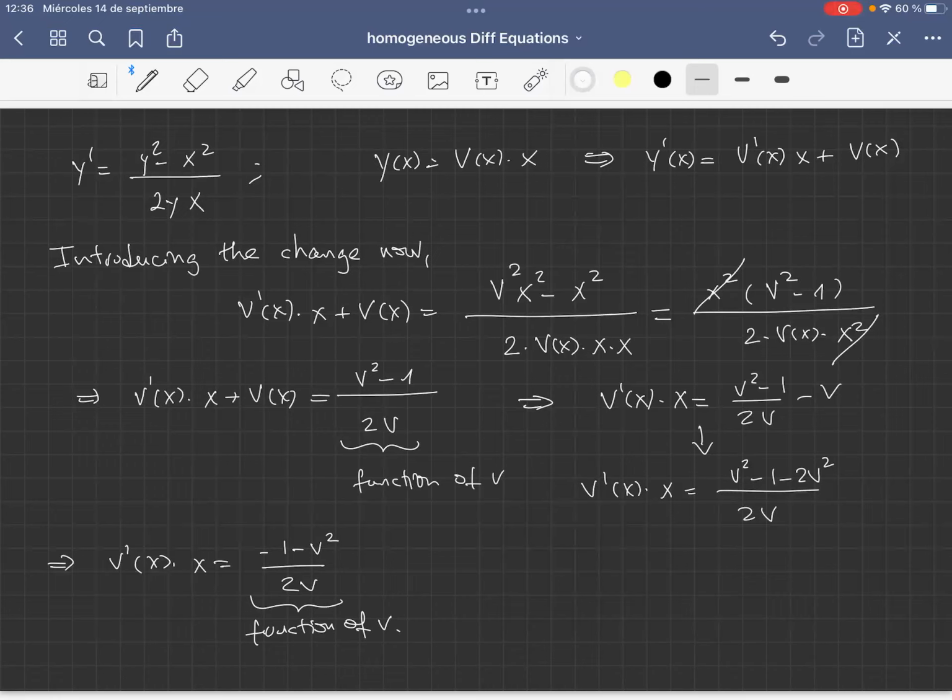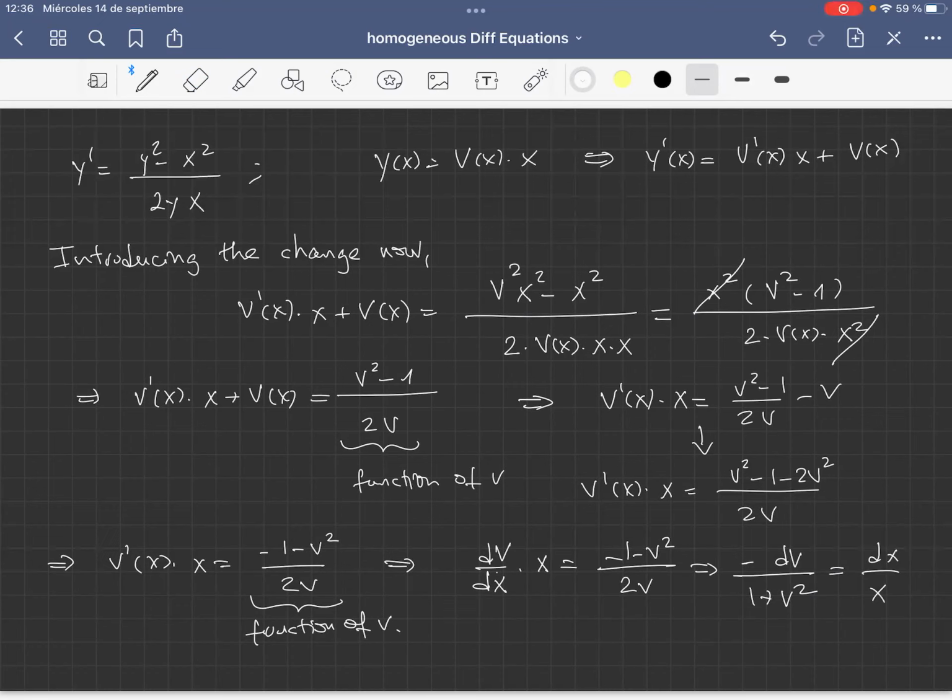And what do we have? Well, we have separate variables. Sorry, this is x. This is a very simple equation now that we can solve straightforwardly. So we can put the minus sign here, and this equals differential of x divided by x.